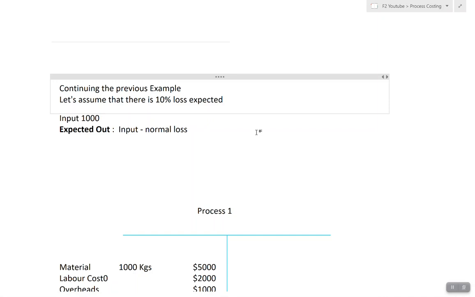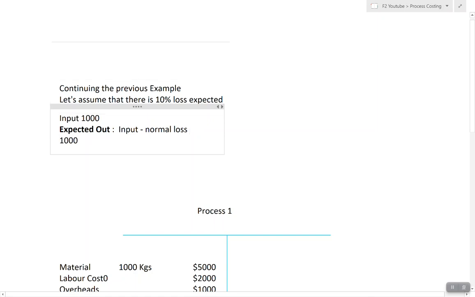Obviously, it doesn't have to be exactly 10% every time, but this is our best estimate. Then we find something called expected units, which is input minus normal loss.